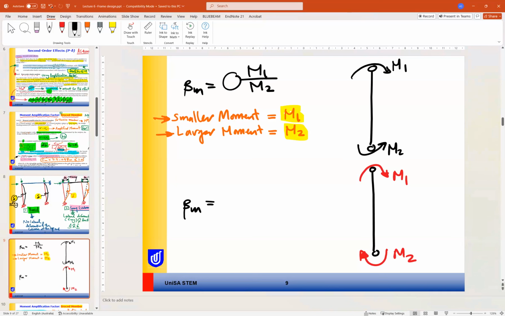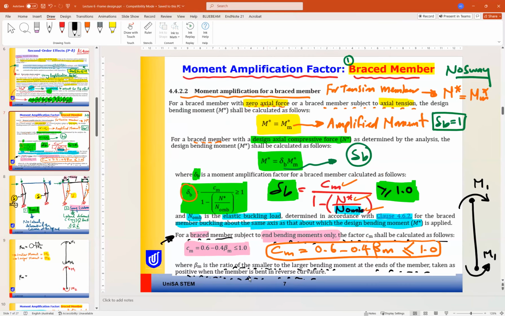So you will find beta M equal to M1 over M2. But now we need to decide the sign. The value is okay, but the sign, if we go to the standard, is based on the curvature of the bending, taken as positive when the member is bent in reverse curvature.